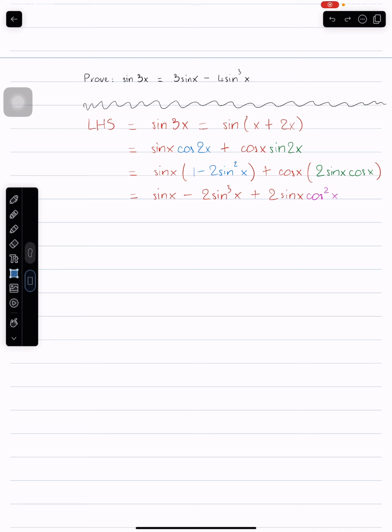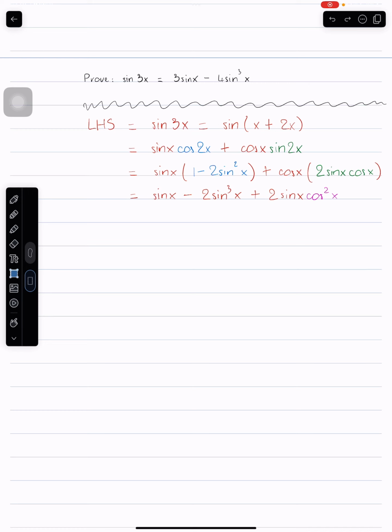So I need to swap it in terms of sine function, and I'm going to use the Pythagorean identity to do that. If you remember, the way that we use the Pythagorean identity to manipulate to get what we want is that first we start by writing sine squared plus cosine squared equals 1.